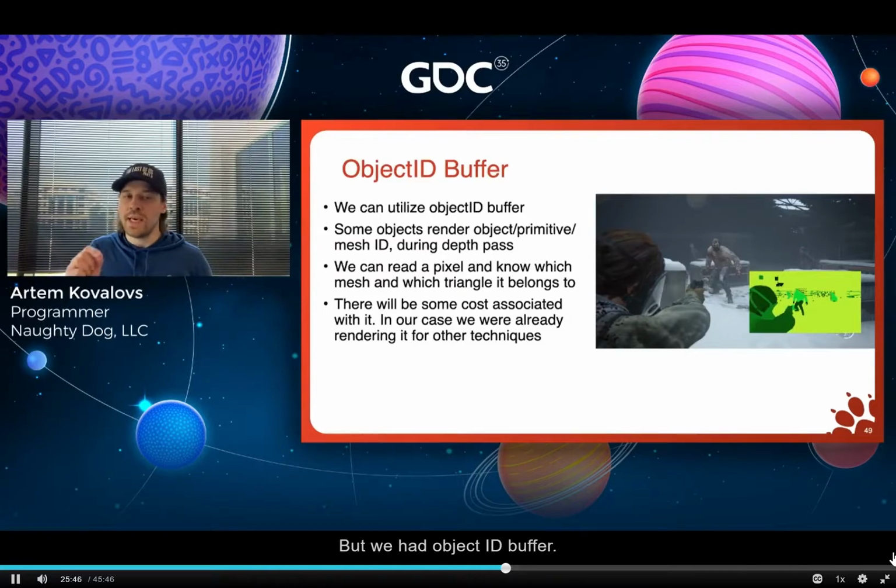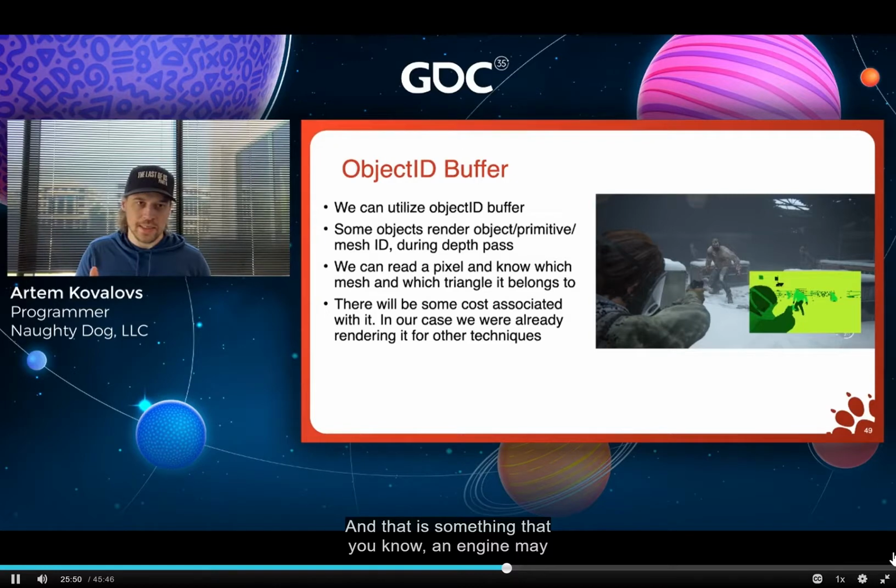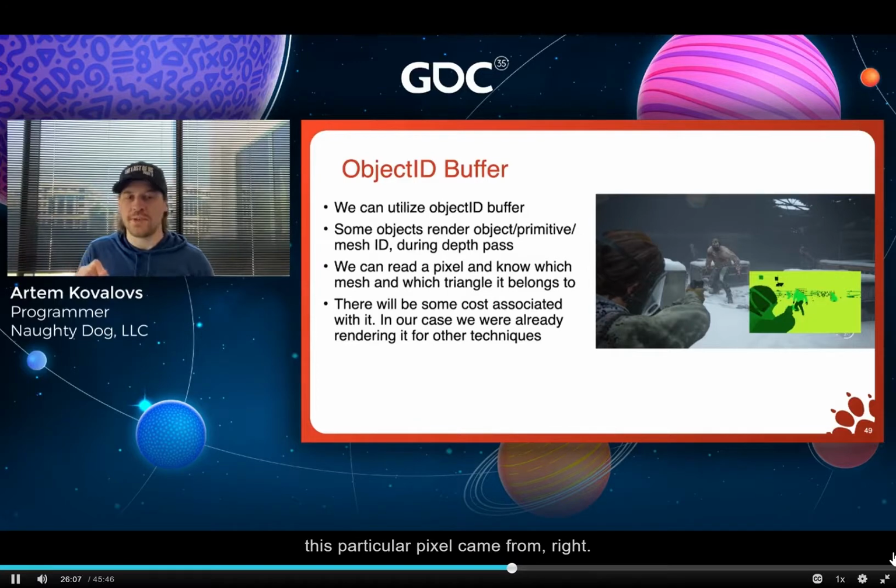But we had an object ID buffer, and that is something that an engine may or may not have. An object ID buffer is a buffer that is rendered usually during the depth pass that will, per pixel, store the information of which primitive and mesh this particular pixel came from.